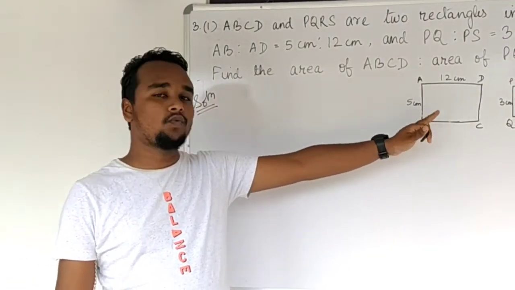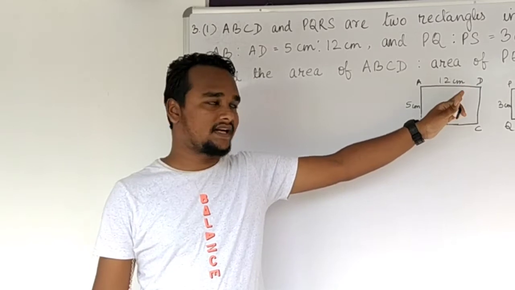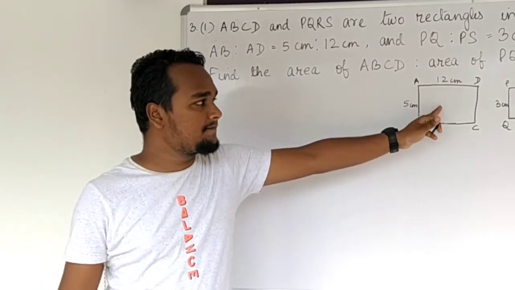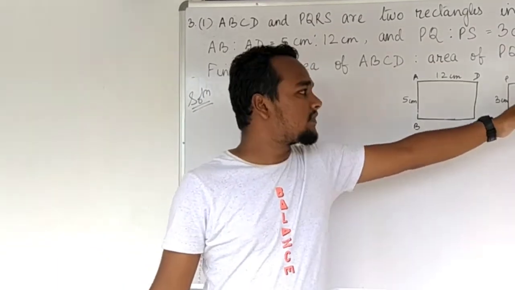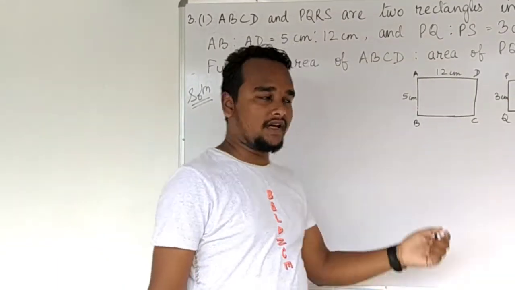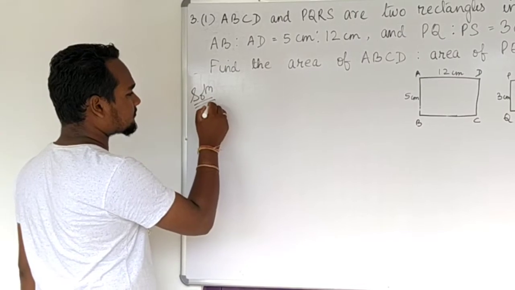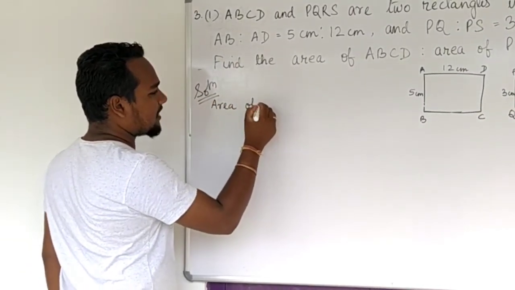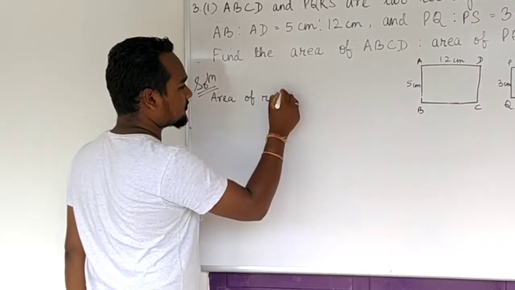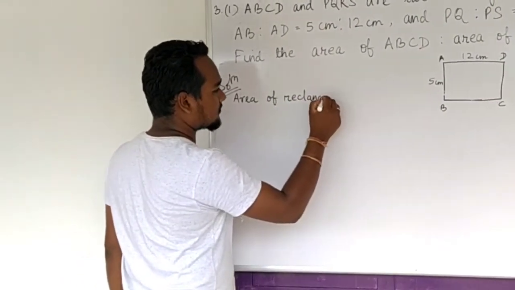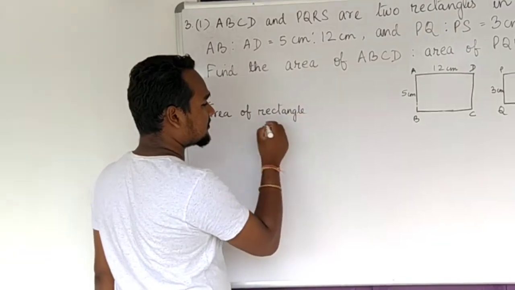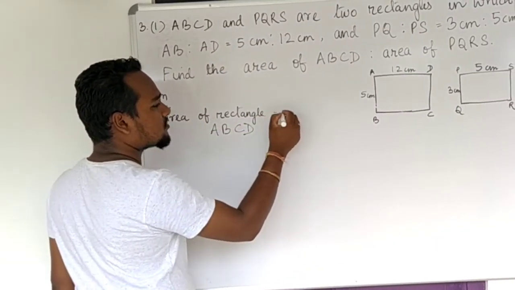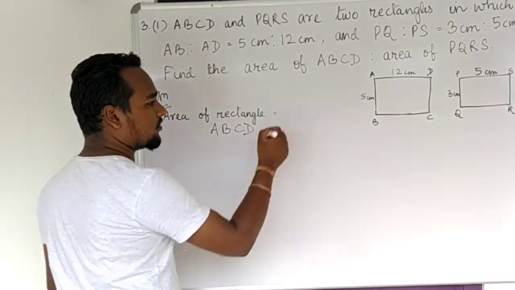So now what should we start with? Let us start with one rectangle, that is ABCD. Let us take out the area of ABCD first. Then after that, we will proceed to the area of PQRS. Area of rectangle ABCD. What is the area of a rectangle?